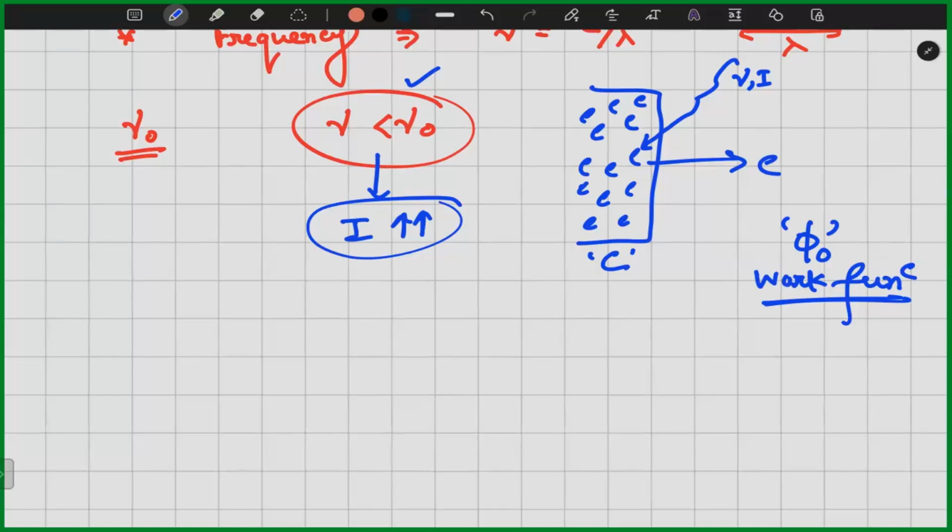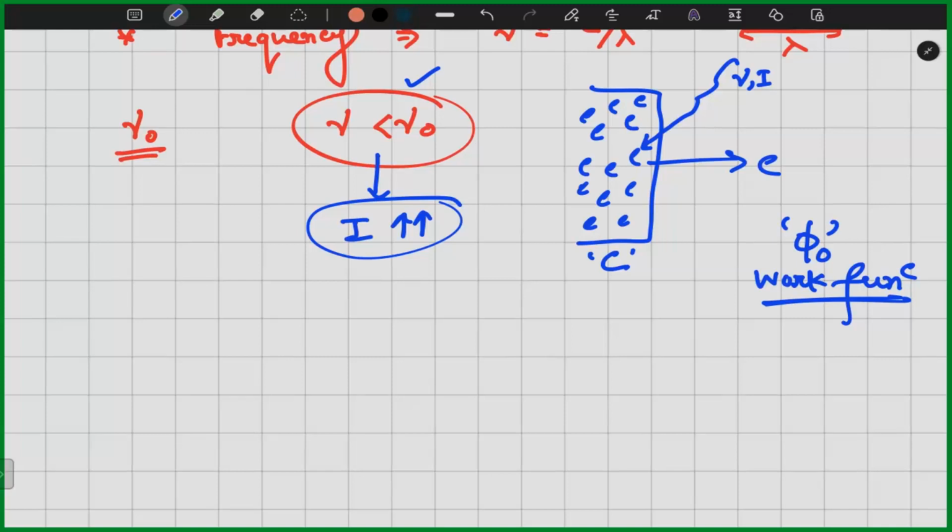If the frequency is less than a certain frequency, nu zero, then even if we increase the intensity very much, there is no photoelectric current. That means the radiation is not able to make the electron come out from that metal. Is it clear?